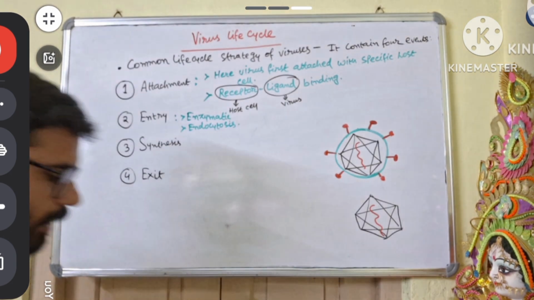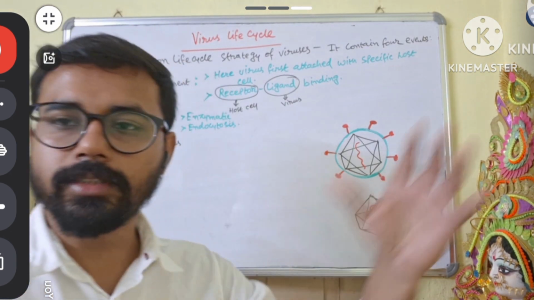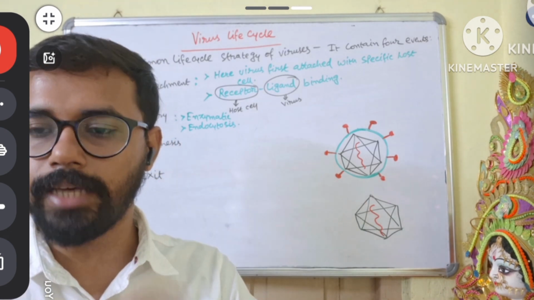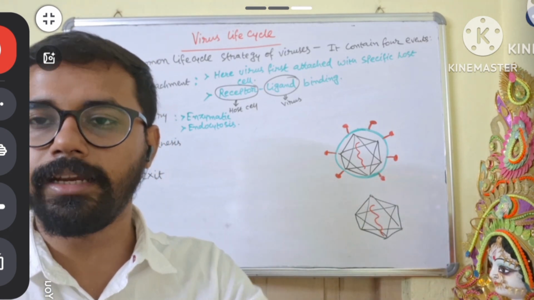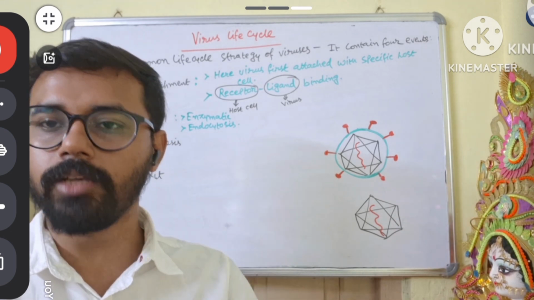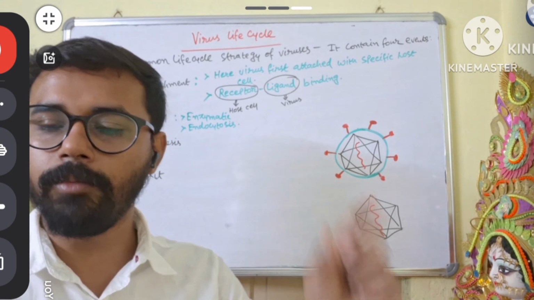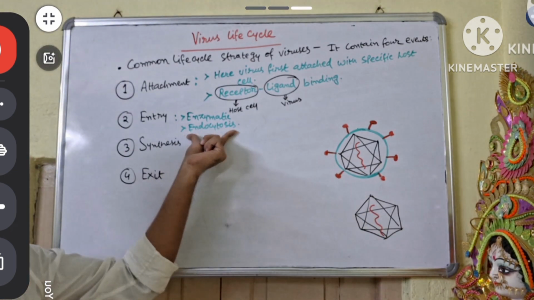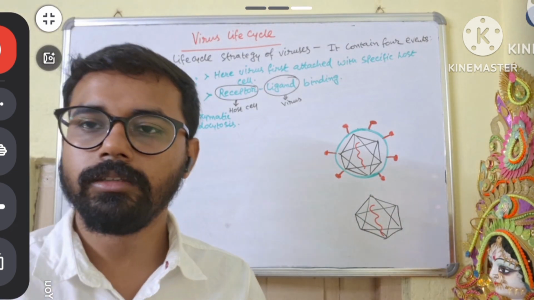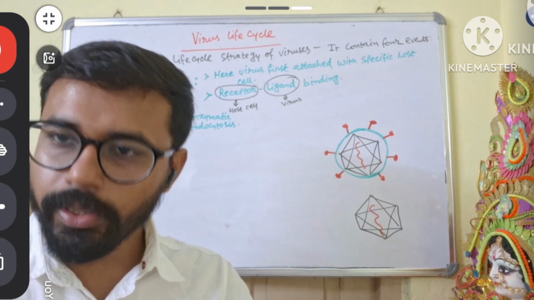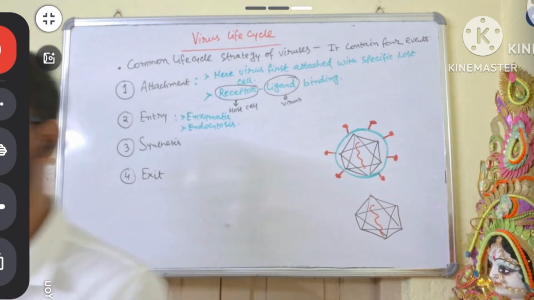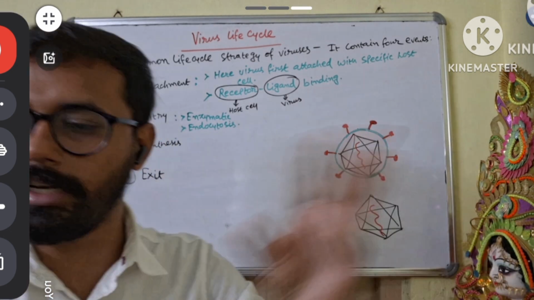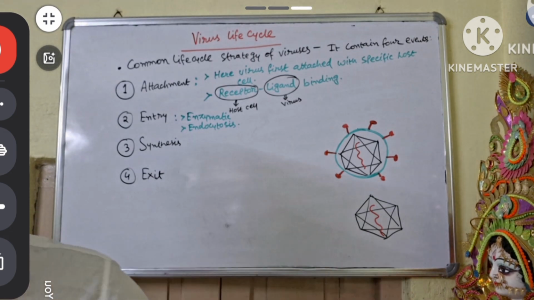What is endocytosis? Endocytosis is the phenomenon where an outside molecule enters into the cell. Endo means inside, cytosis relates to the cell. Outside-to-inside movement of molecules is called endocytosis. Here the molecule is the virus. So the cell unknowingly takes the virus inside by endocytosis. Normally nutrient molecules enter, but in this scenario it is the virus entering.